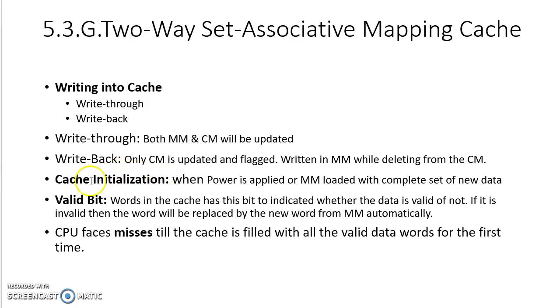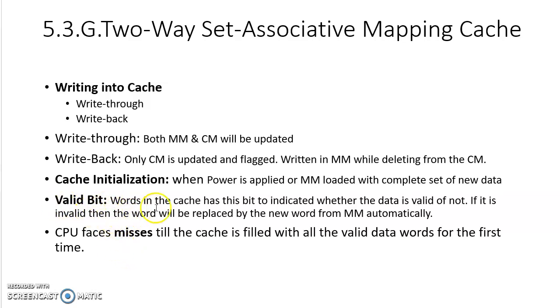Next one is cache initialization. Cache will be initialized in two cases. One is when power is applied, or when the cache is loaded with a complete set of new data from auxiliary memory or secondary memory. Now when new data comes, all the old data will be invalid. So each and every memory location in the cache will have a facility like a valid bit.